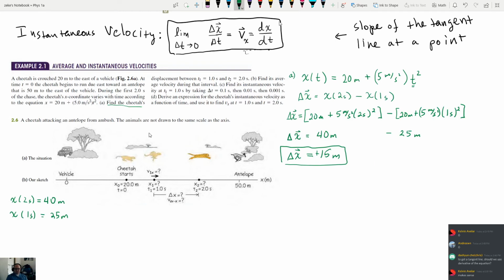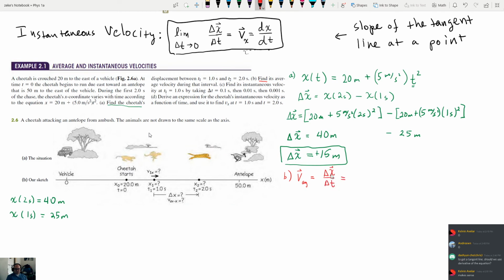So let's do part B then. For part B, we want to find its average velocity during that interval. We just said average velocity is defined as delta x over delta t.